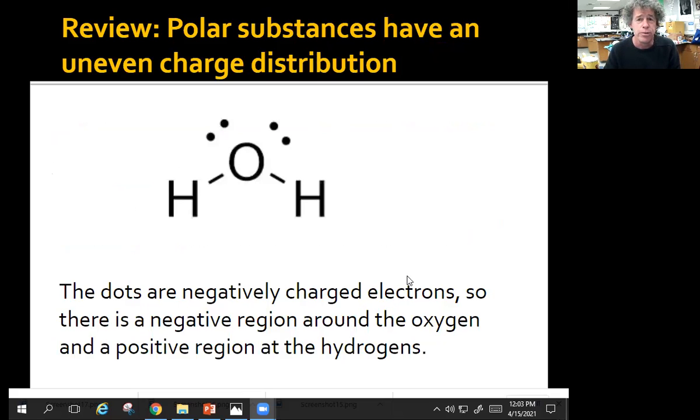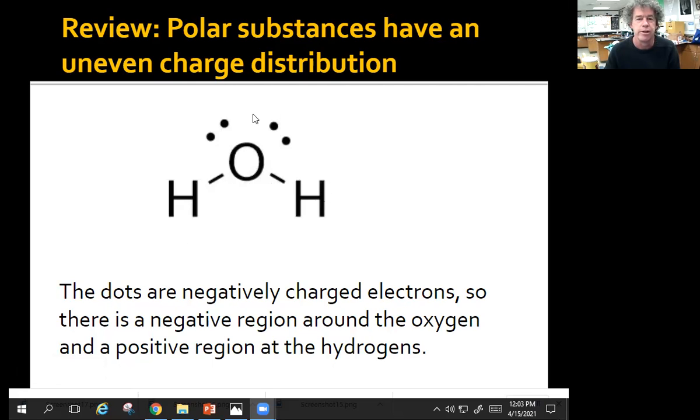Now, as a quick review, we've talked about polar and non-polar. In polar substances, you have an uneven charge distribution. Like water, these dots are representing electrons, and there are 4 free valence electrons here, meaning that around oxygen, there's a negative charge. Hydrogen is just the proton here. The electron helps to form the bond with the oxygen, so you tend to get a positive region here.